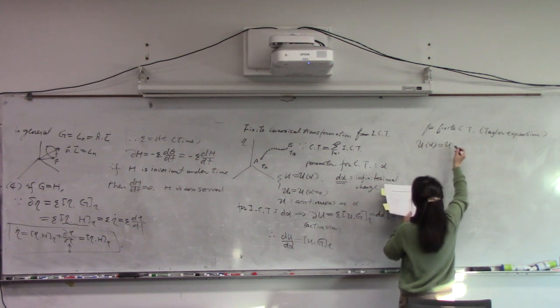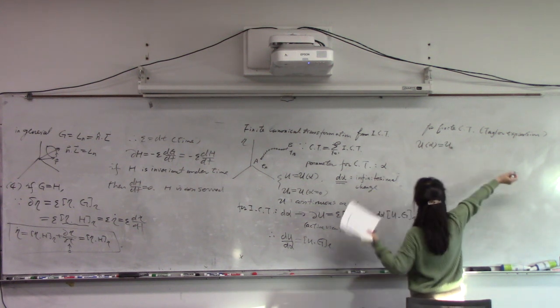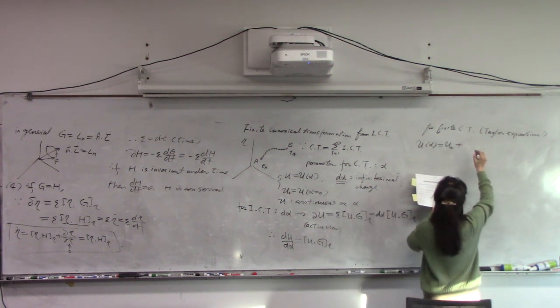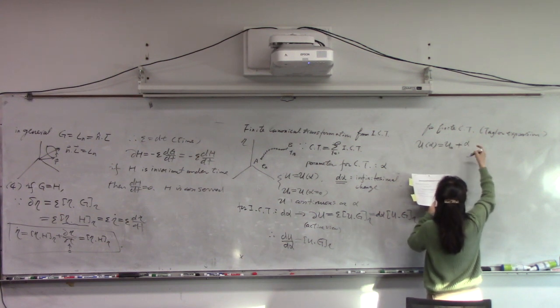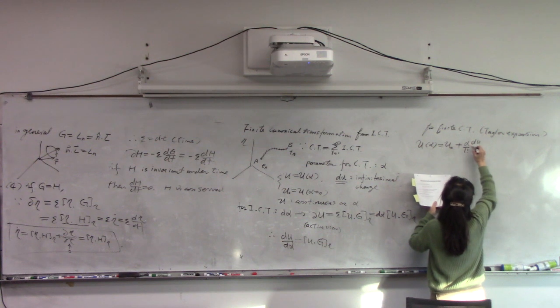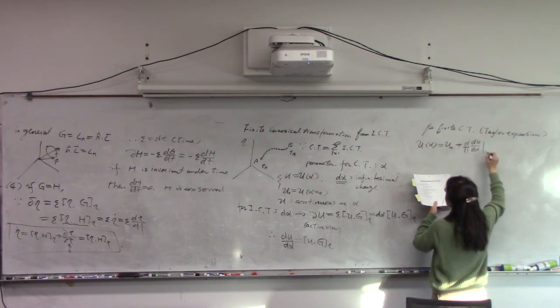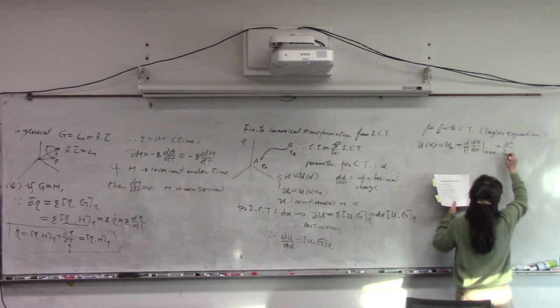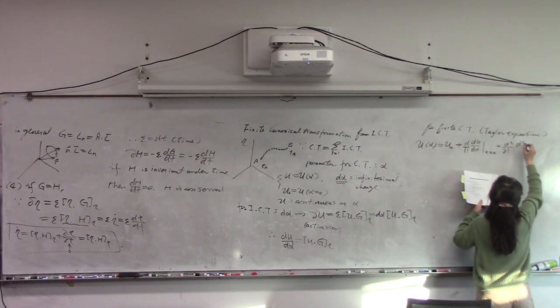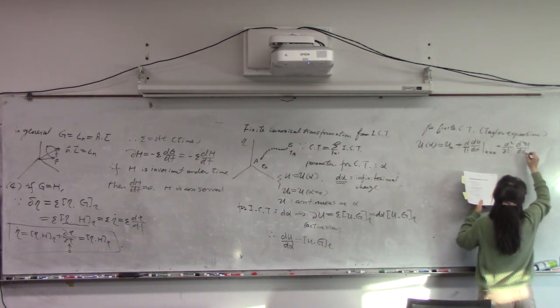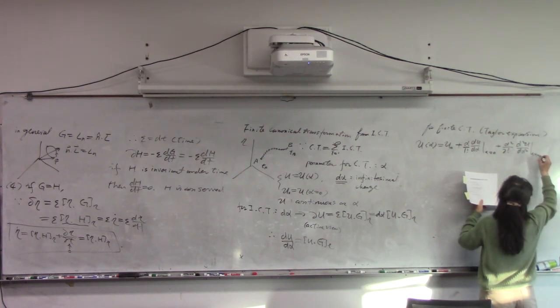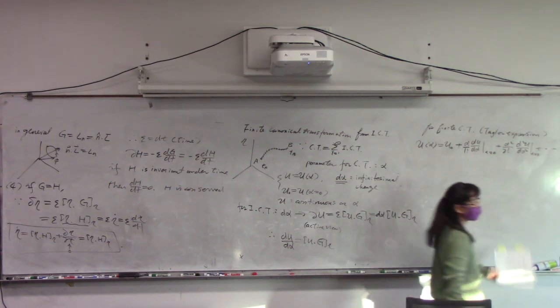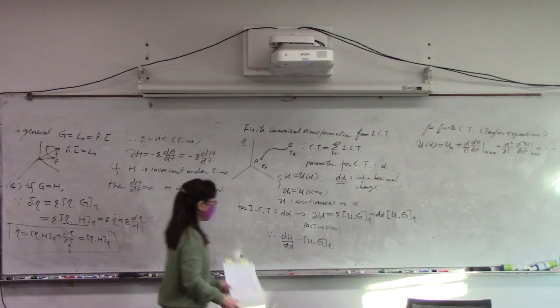We start from this u naught, which is alpha equal to 0, plus the first order derivative, alpha times du d alpha when alpha equals 0, plus the second order term, with alpha equal to 0, and plus higher order terms. That is the Taylor expansion. We're going to use this.